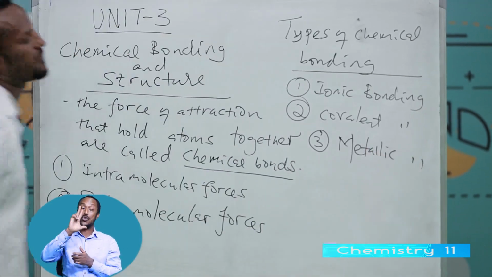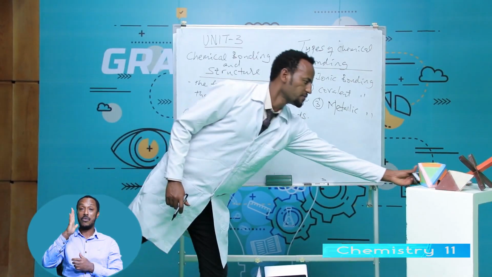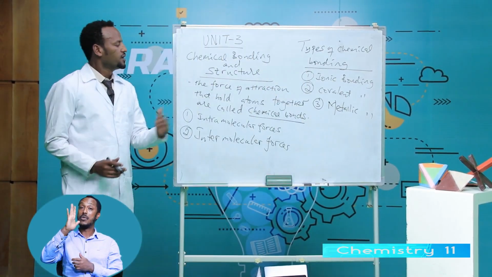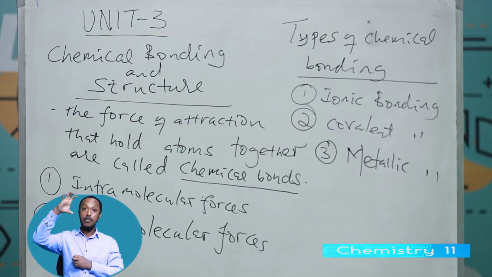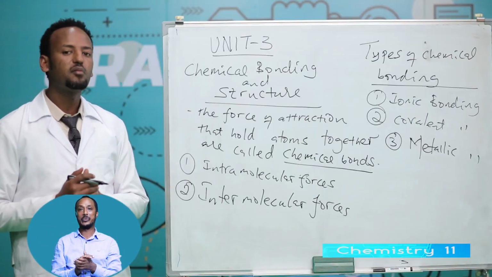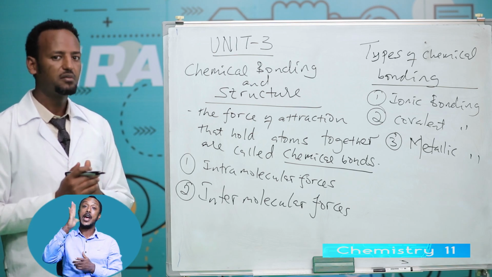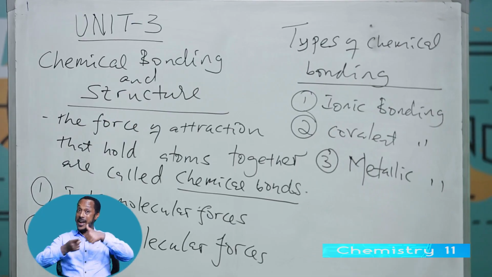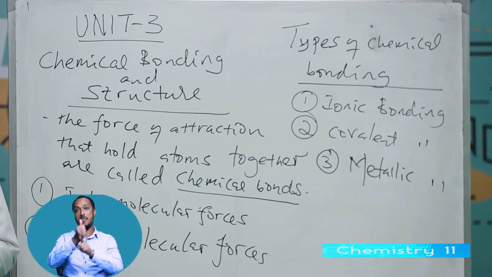Metallic bonding. There are two types of electrostatic forces: intramolecular force and intermolecular forces. These chemical bonds are under intramolecular forces. Therefore, there are three types of chemical bonding: ionic bonding, covalent bonding, and metallic bonding.